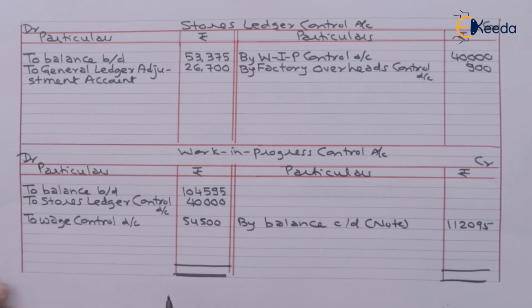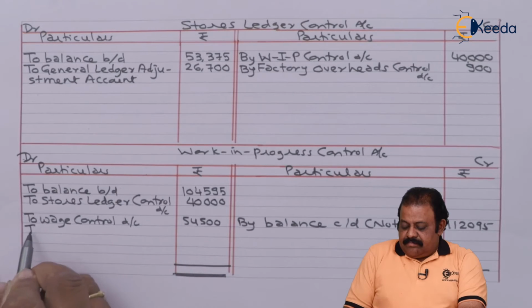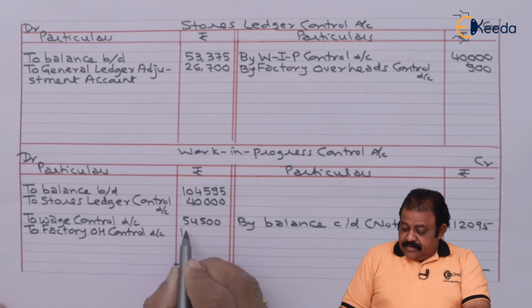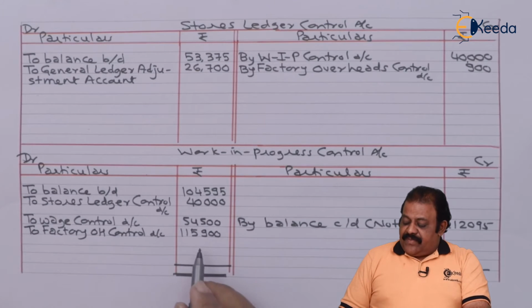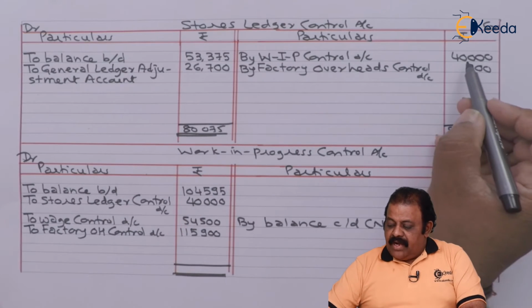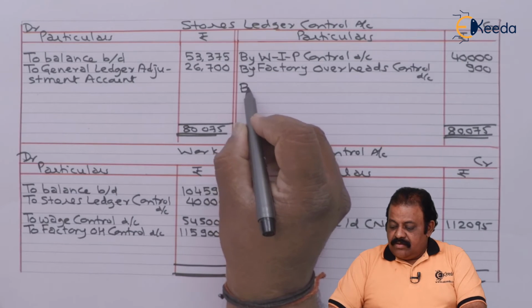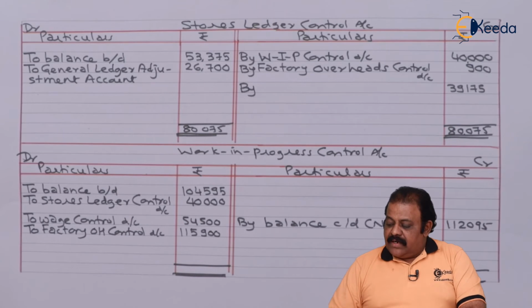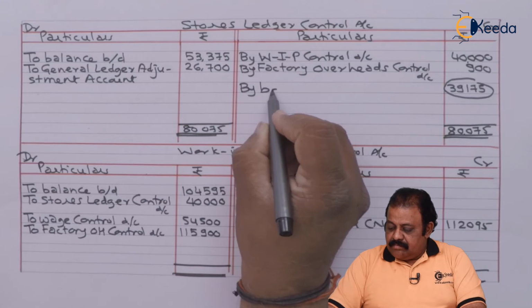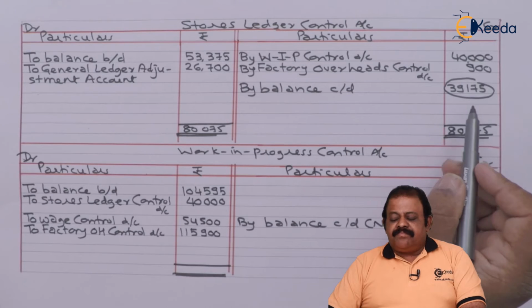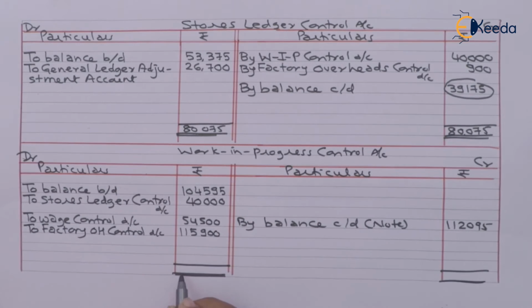Work in progress control account on debit side, to factory overheads control account, 1,15,900. We can close now store ledger control account, 80,075 minus 40,900. We get balance 39,175. By balance carried down, this amount will be transferred to trial balance.